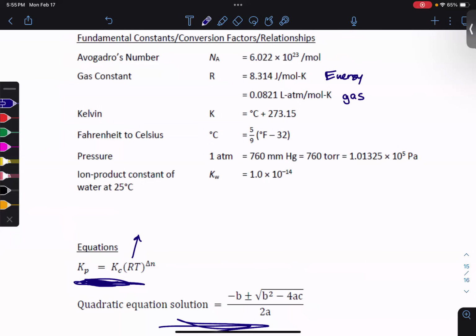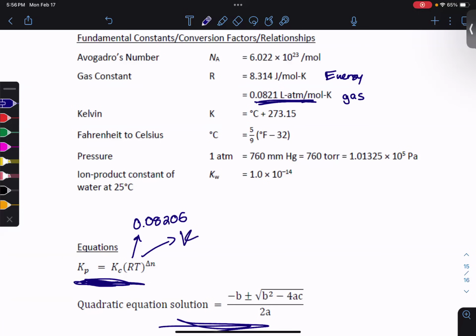So that the 8.314 version of R is used for the Arrhenius equation and those types of things where energy is involved. But for gases, you're going to use the ideal gas law version of R. All right, so you're going to use the 0.082 number, and then therefore temperature should be in what unit?